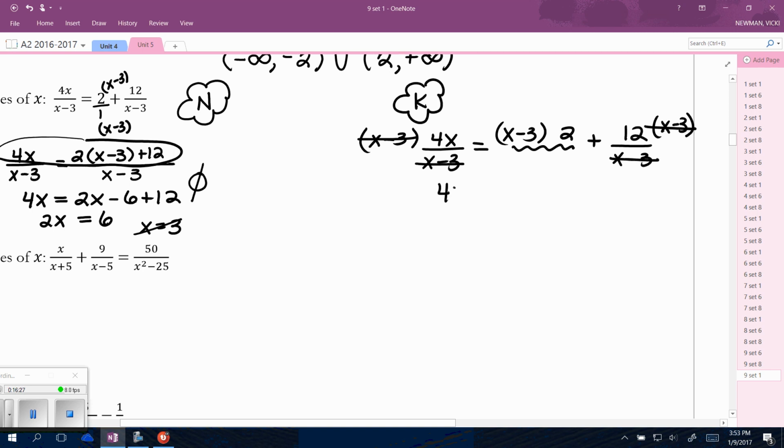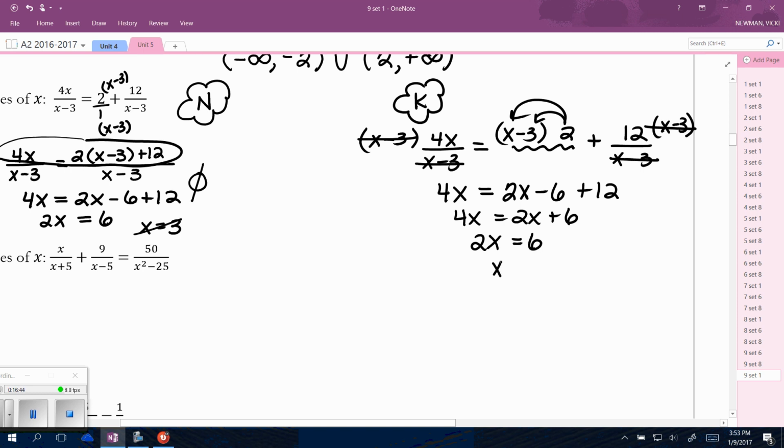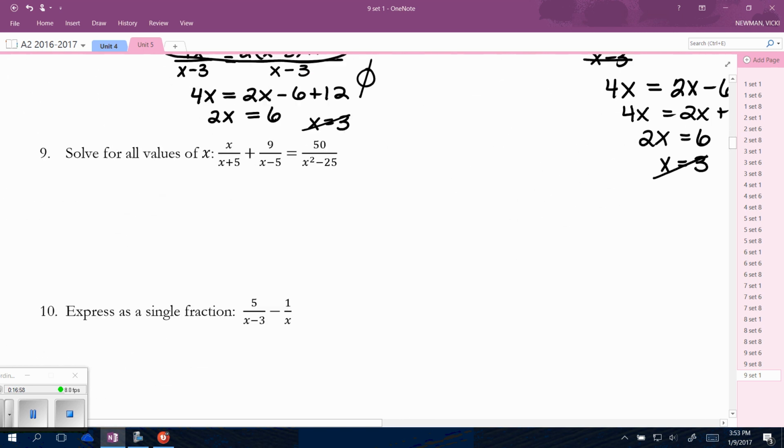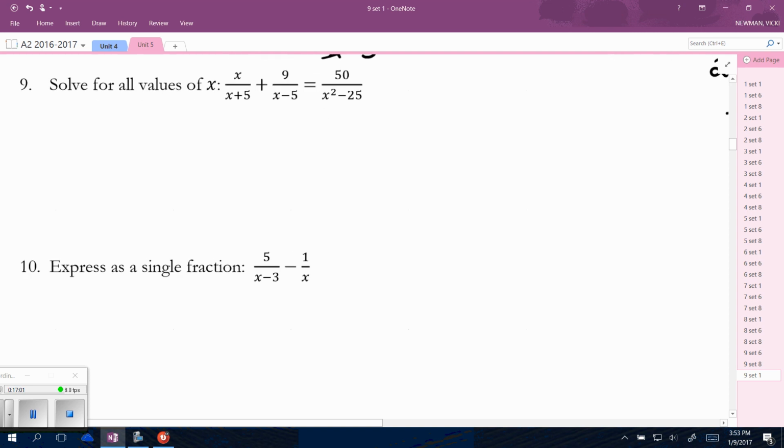So you have 4x equals 2x minus 6 plus 12. So 4x equals 2x plus 6, 2x equals 6, x equals 3. Can that work? No, because that would create a denominator of 0. Empty set. Okay. Number 9.